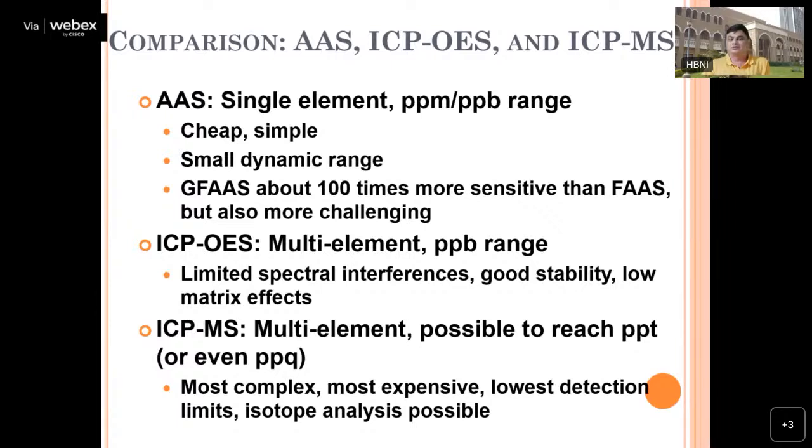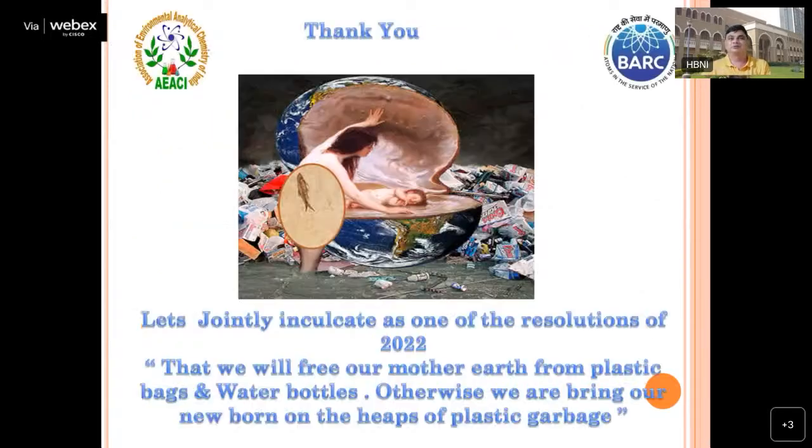Of course, when we discuss ICP-MS, multi-element analysis is possible, reaching ppt or even sub-ppt levels, the most complex and most expensive, with low detection limit. Isotope analysis is possible by using MS.